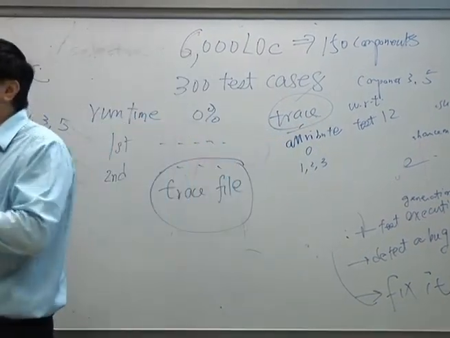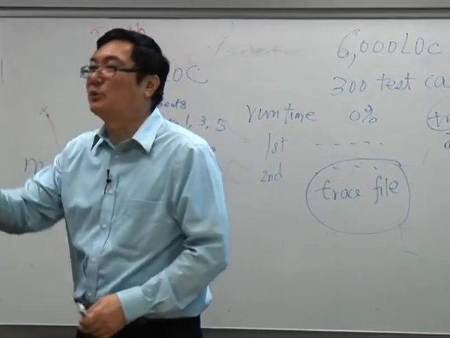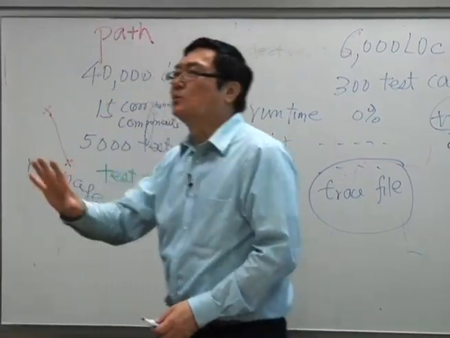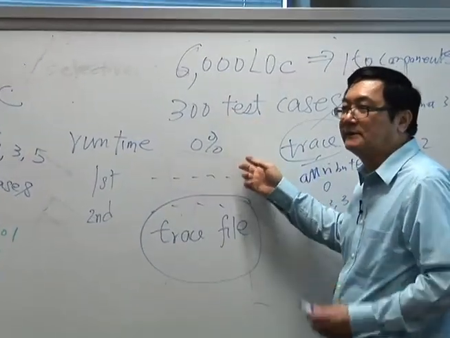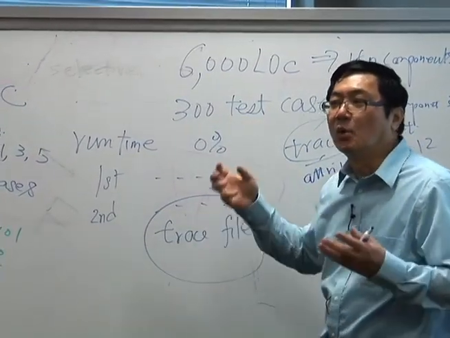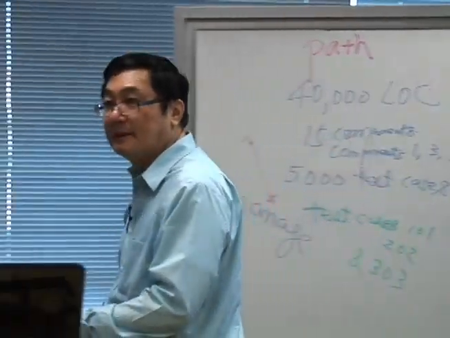But to make the discussion simple, let's say we only have a trace file which collects all this runtime data. What kind of data structure will you recommend? Remember, after each execution, more data, more data, more data.